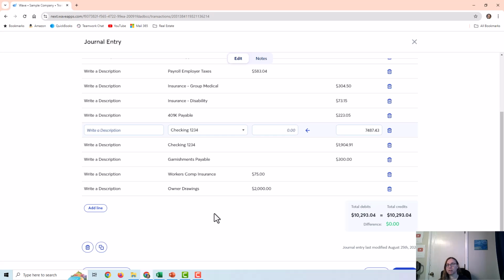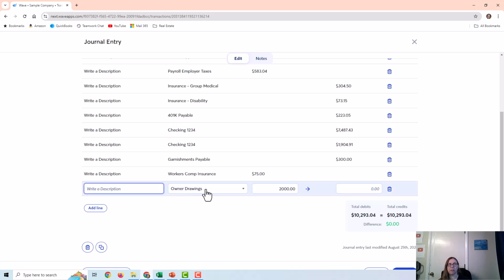So sometimes the CPA will ask me to put that in an expense account called guaranteed payments. If that were the case, then I would have that as an expense account here instead of drawings as the debit. But I don't see that very often, so you're more than likely going to be using an equity account.